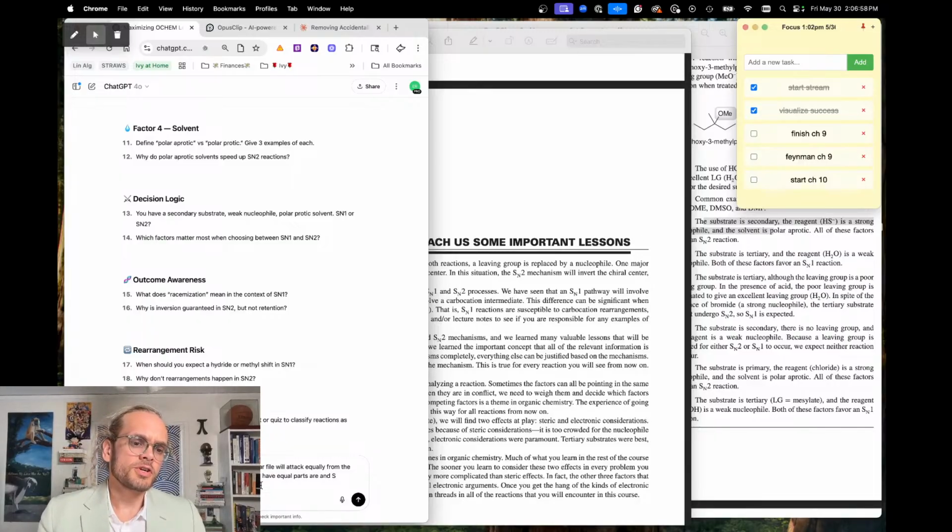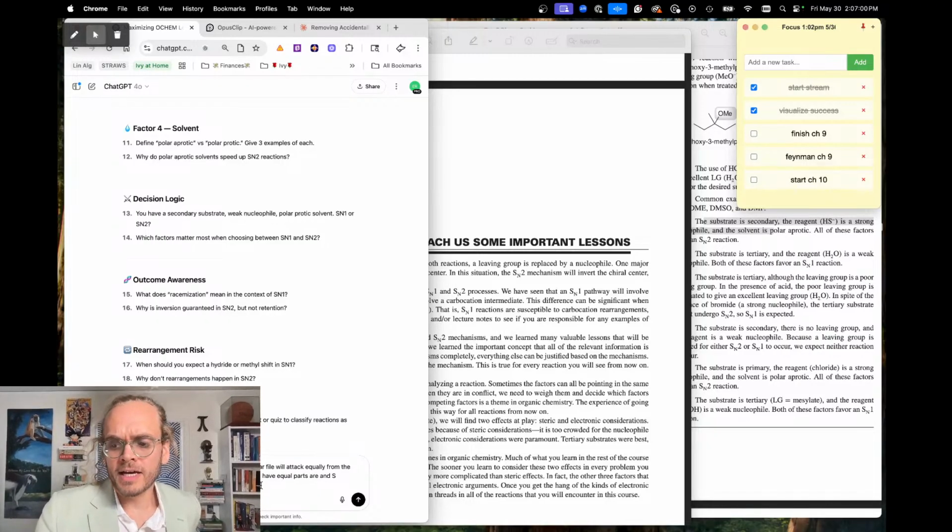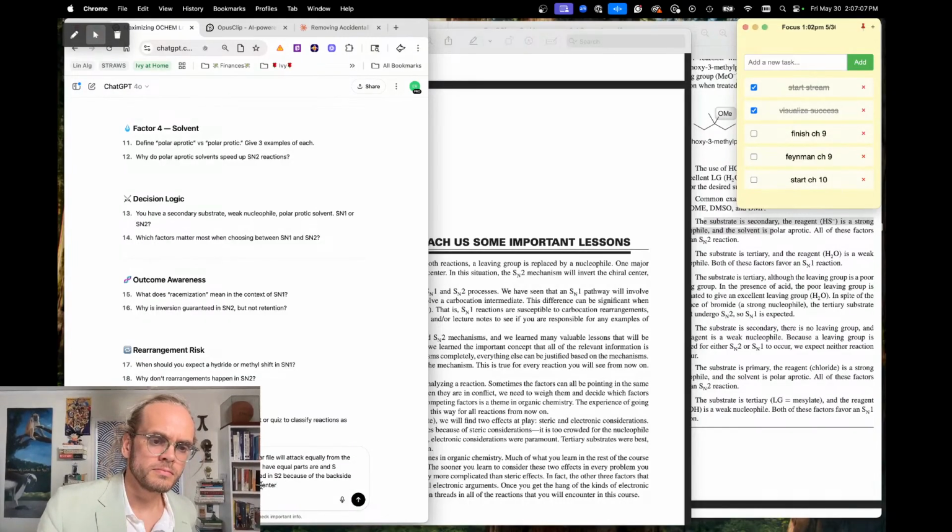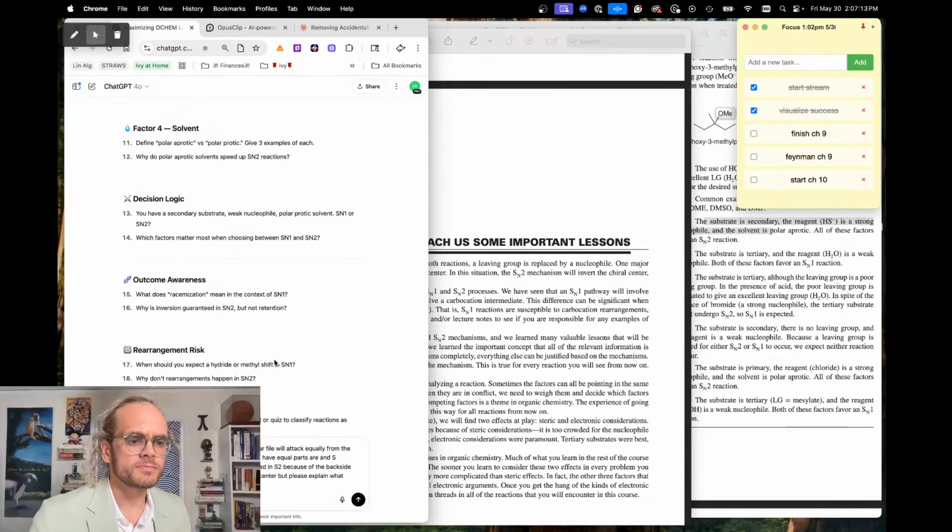Number 16, inversion is guaranteed in SN2 because of the backside attack, which flips the configuration of the chiral center. But please explain what retention means. I'm not sure.